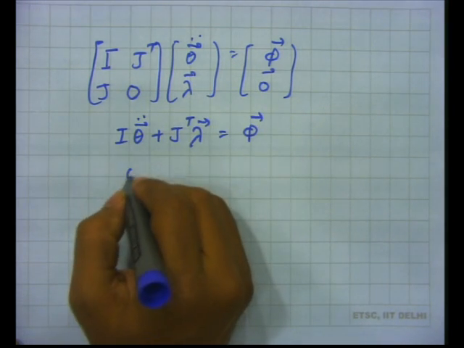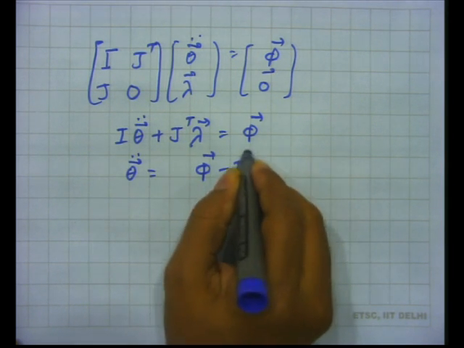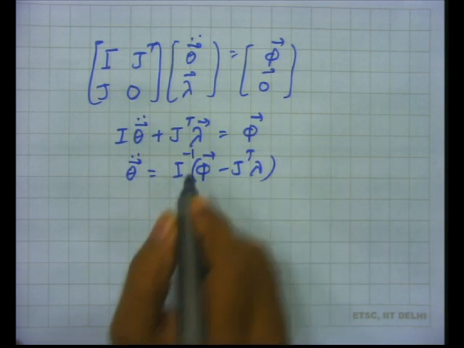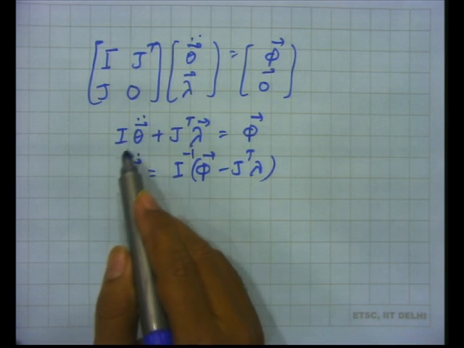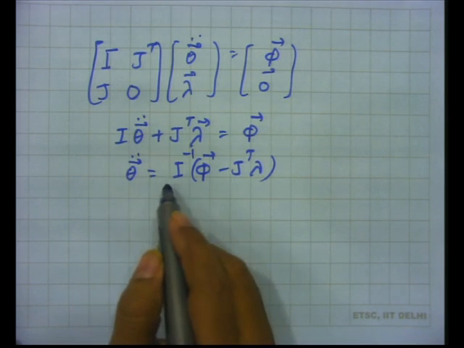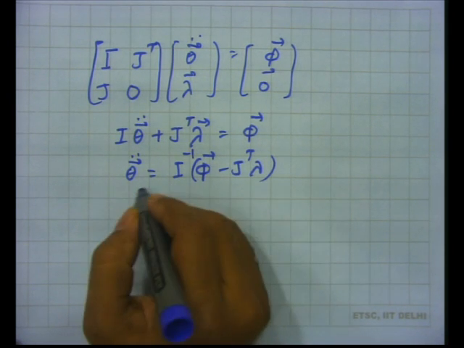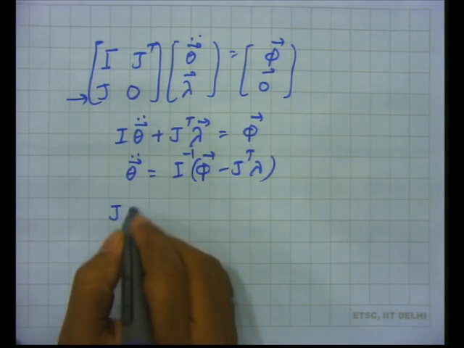From here I can calculate theta double dot is equal to I inverse into (phi minus J transpose lambda). This I always has an inverse because I contains the system inertia, and it is always symmetric, not only symmetric, it is symmetric positive definite.